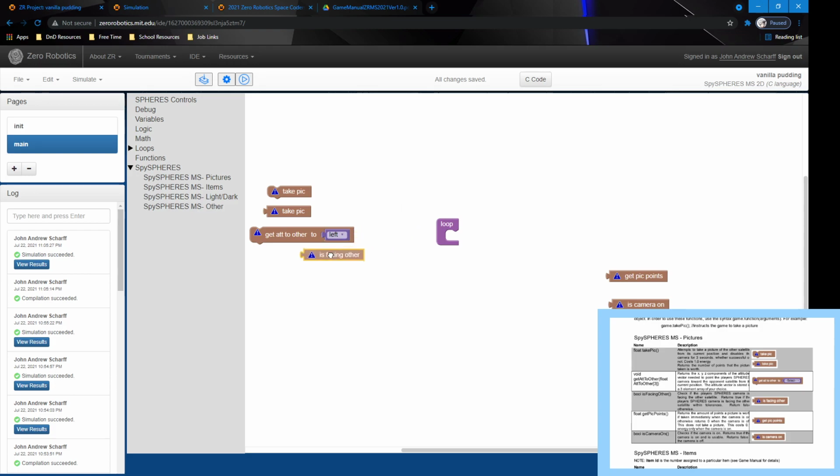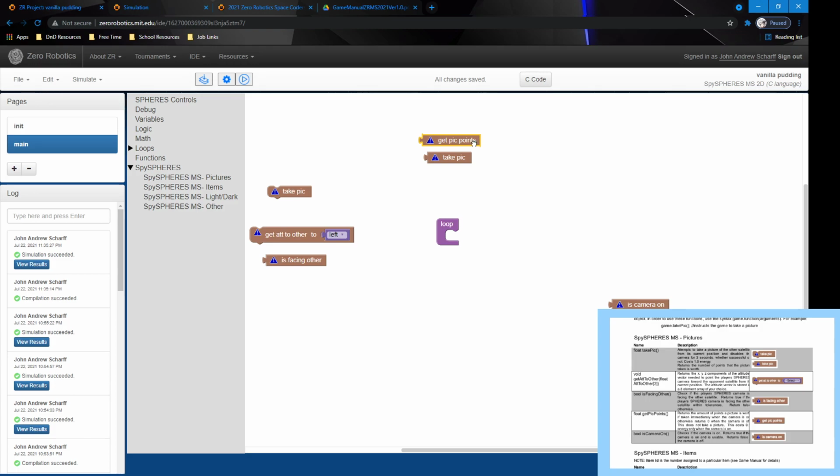So there's that. We also have get pic points. You'll notice that this one is very similar to the take pic one, except for one crucial difference, and I'll explain that in a second. Get pic points, all that it does is say, if I were to take a picture right now, how many points would I get? It'll return 0 if the camera is off, and it'll return 0 if your picture is worth 0 points.